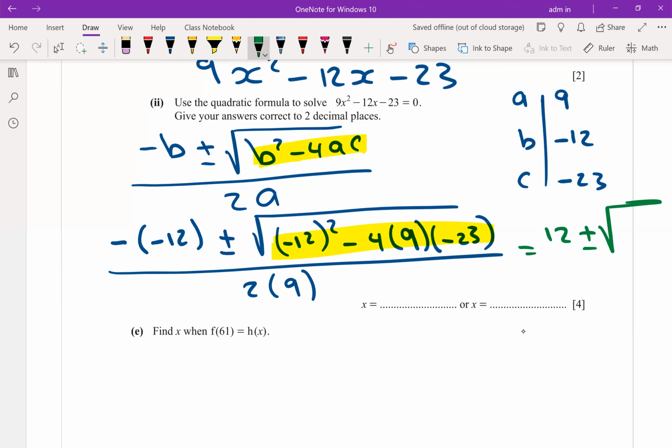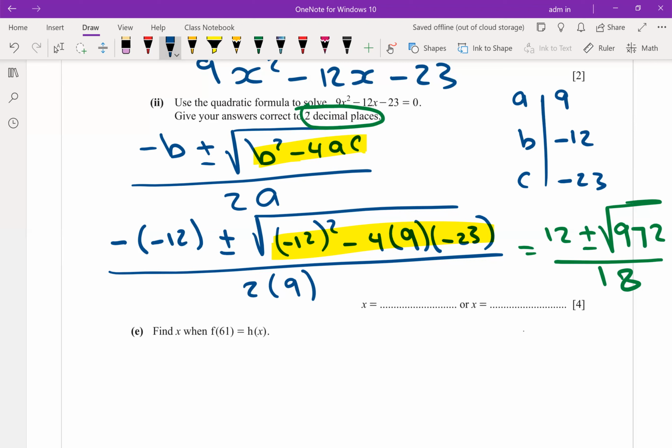Anyone give me the value under the root, please? Simplify this part. 972 divided by 18. Write your answer corrected to 2 decimal places. You can calculate it again by using the calculator.